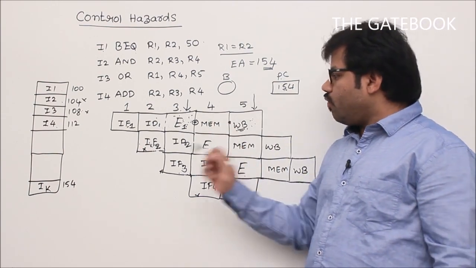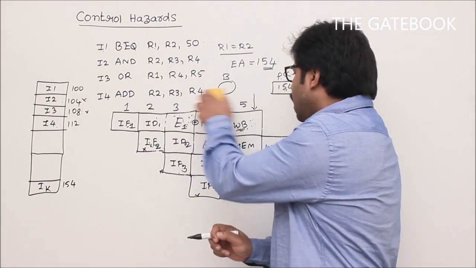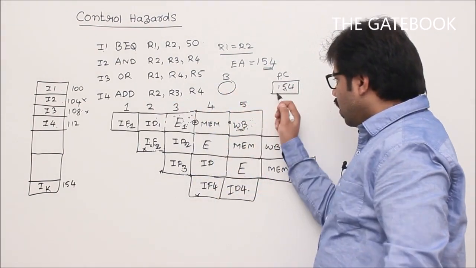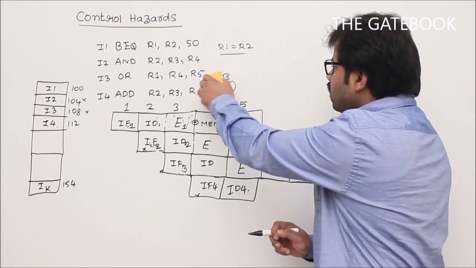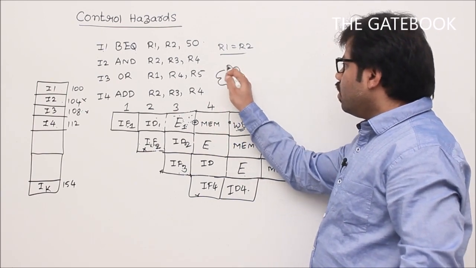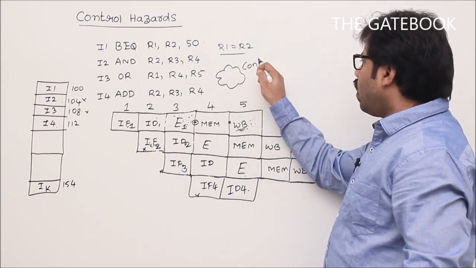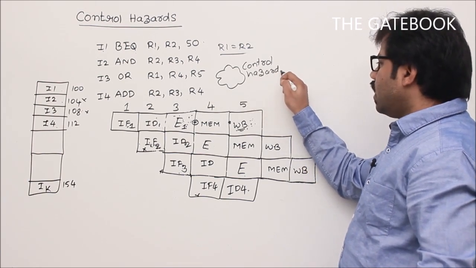So what we do is, in the execution stage, one best thing we can do is, rather than storing the result of the program counter in the write back stage, don't do that. At the earliest, we will have a circuit that will detect control hazards. How that control hazard circuit works, I will tell you.